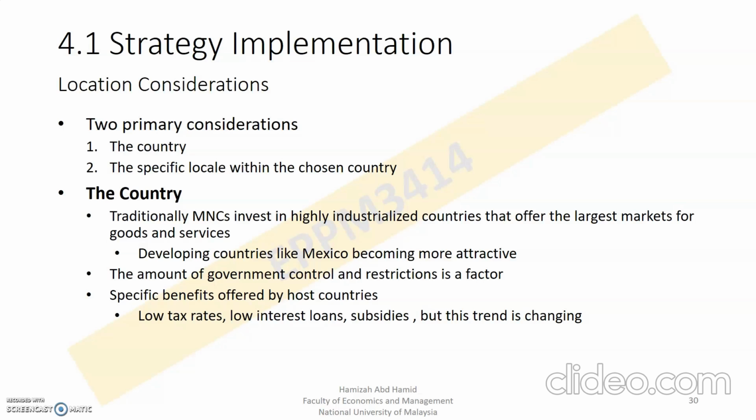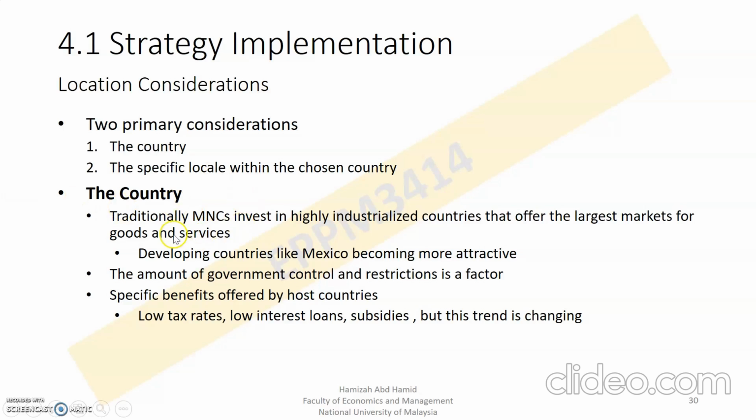It is better if you operate in a country with a high amount of cocoa products, countries that produce cocoa. But not all parts of the country produce cocoa. So you must choose one specific locale. This can be a state, or a region of that country, to operate in.